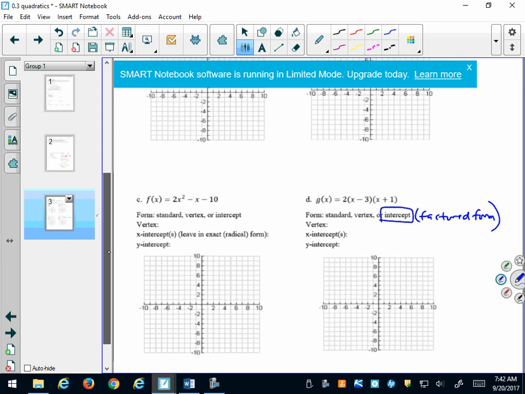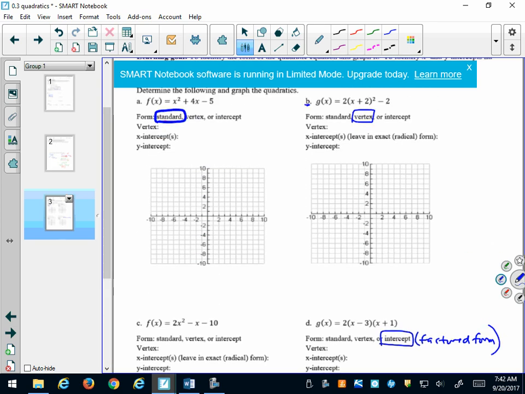Okay, so we talked about this a little bit before when we talked about the summer packet, remember? Basically, these three forms have different purposes. Obviously, vertex form gives you the vertex really easily. But a vertex is not enough to graph, right? Down here, part D is intercept form. It gives you the two x-intercepts pretty easily. But even two intercepts isn't enough to really graph the whole parabola.